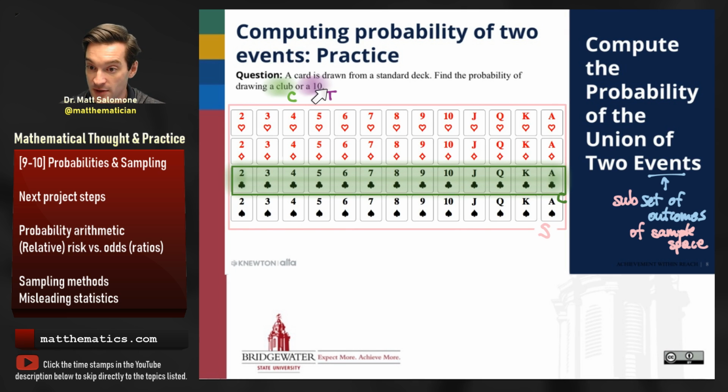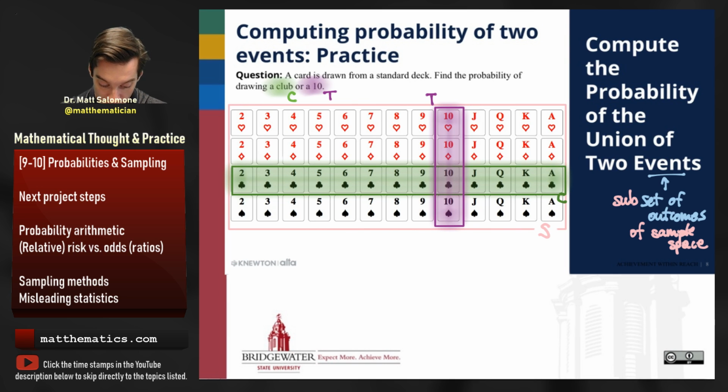Meanwhile, what about the event of drawing a 10? Where is that event on this sample space diagram? Well, that event is going to be the subset that consists of all of the 10 cards. So everything that falls on this column over there comprises my event that we're calling T. And so now we're visualizing these 2 events as respective subsets of the sample space.